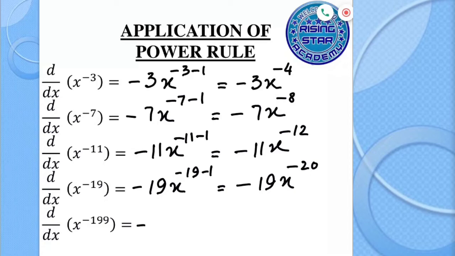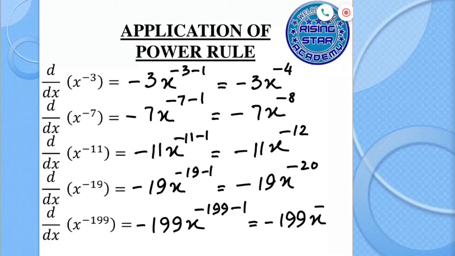Similarly, the power is minus 199, x to the power of minus 199 minus 1 becomes minus 199 x to the power of minus 200.